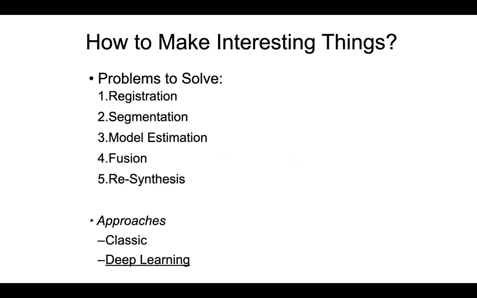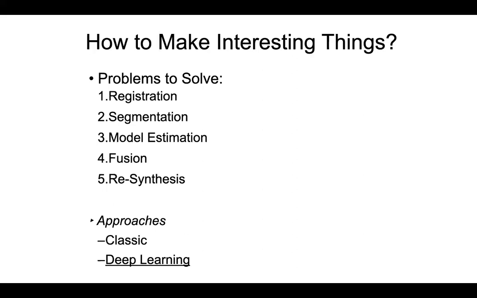Okay. Now that we have seen a lot of interesting applications, how do we implement that? How to create those things based on this controlled variation? Well, we have to solve 5 problems. At least, right?